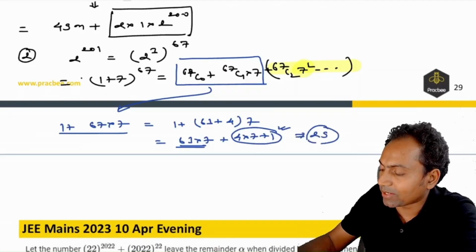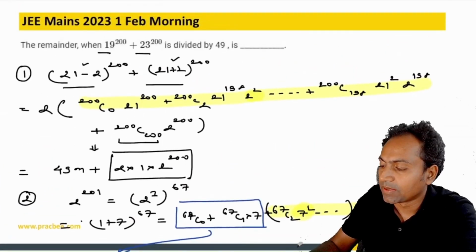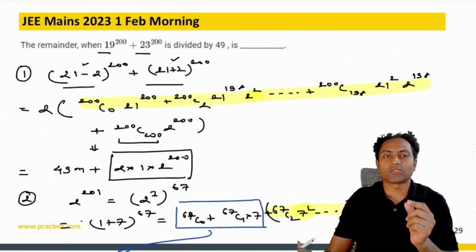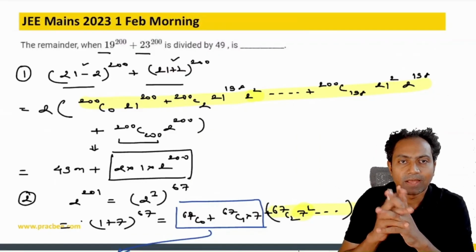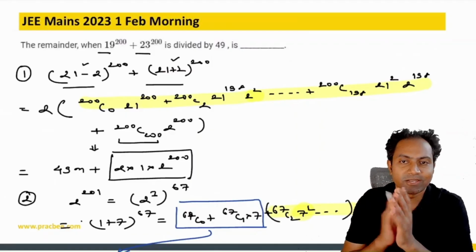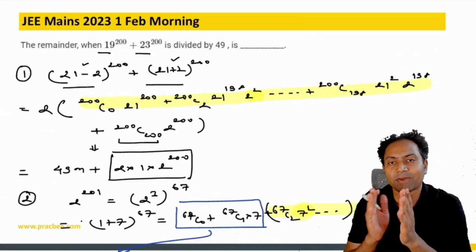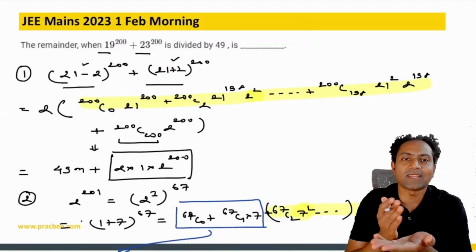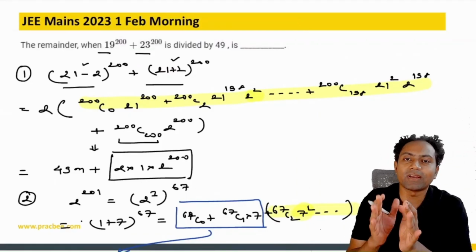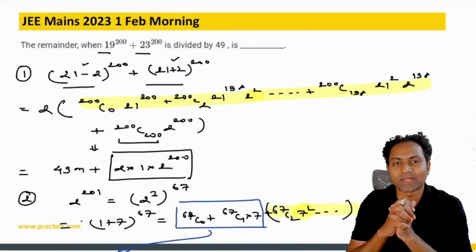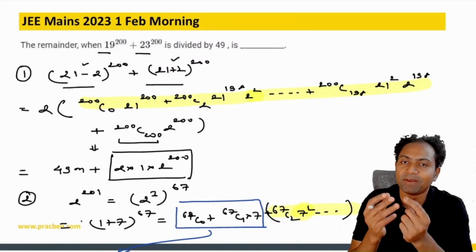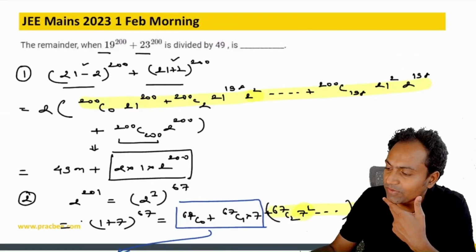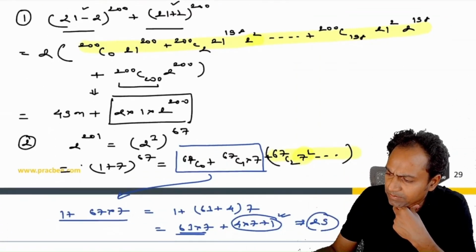Let us again go back to the question. What I have done first is write 19 as 21 minus 2, because 21 is a multiple of 7, and then 21 plus 2 for 23 raised to the power 200. We have applied the binomial expansion, and we can see that only in the last term will it not have a component of 7 square. So we have taken that and are trying to understand what the remainder contribution from there will be.